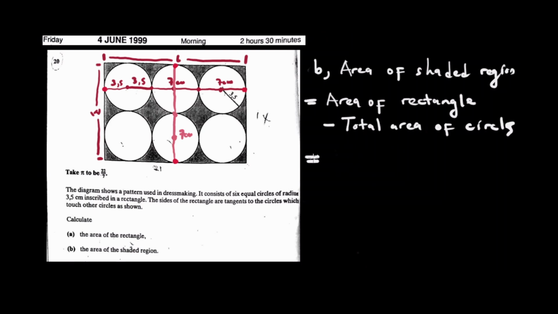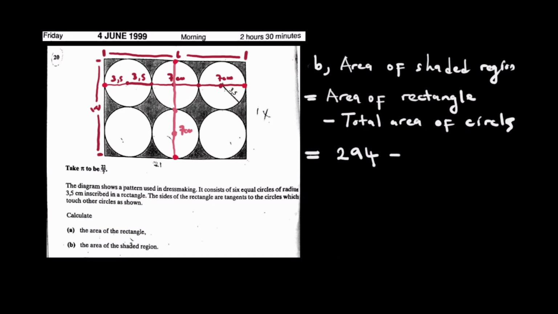Tambucalculate the area of the rectangle tikawana 294, subtracting takuda kutsvaga the total area of the circles, so let us come here tichadzoka duku.